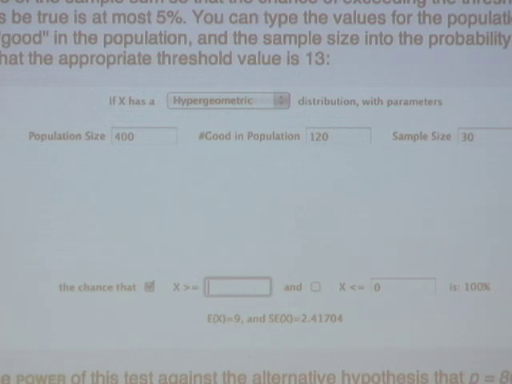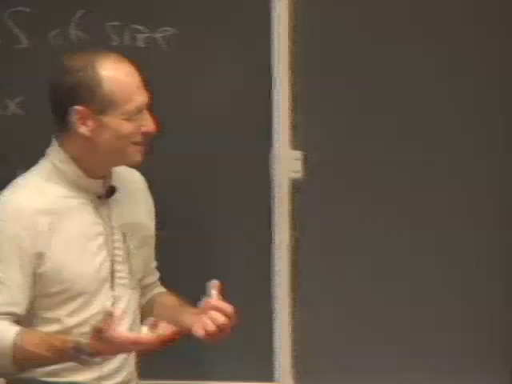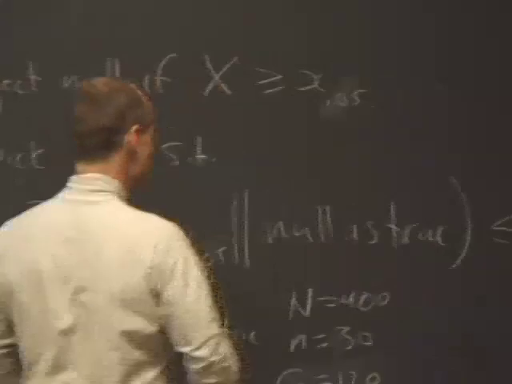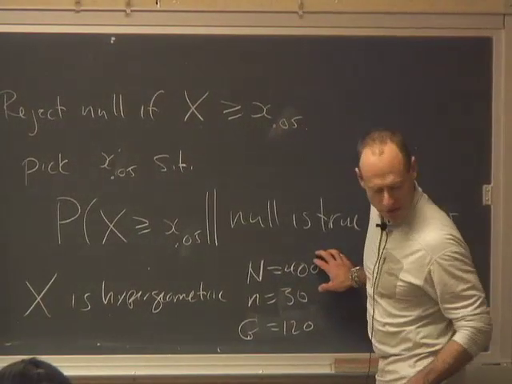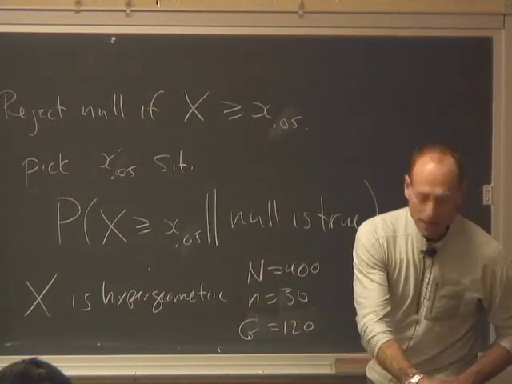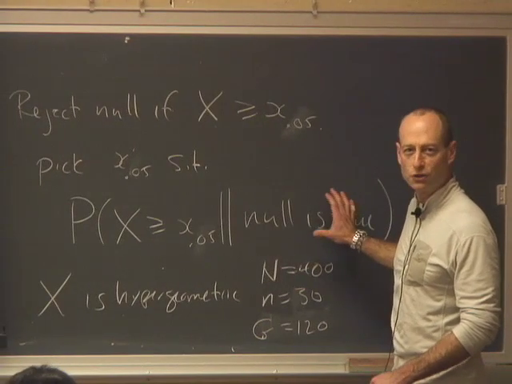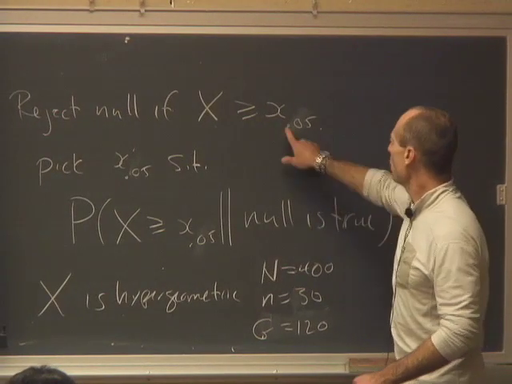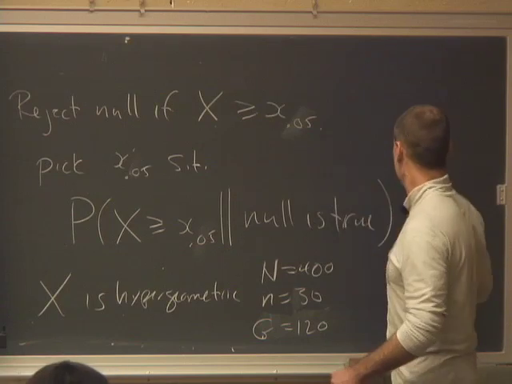This stuff is hard to grasp. I know as I'm saying it that the sentences are complicated. Does everybody understand why I want this chance to be small? This is the chance that I make a type 1 error. It's the significance level. It's the probability that I reject the null when the null is true. Why do I want to pick this value to be as small as possible while maintaining this?